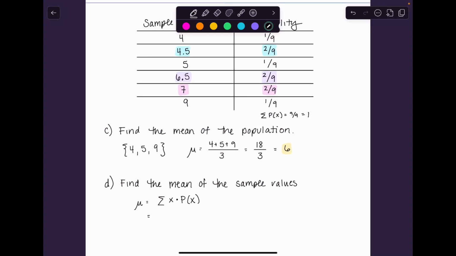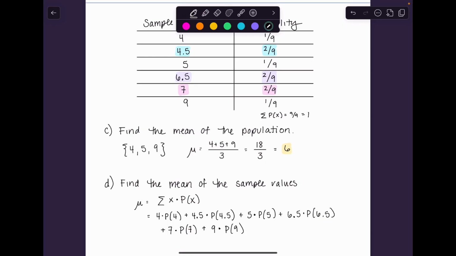My first value of x is 4, and I want to times that by the probability of 4 occurring. Next value is 4.5, and we want to times that by the probability of getting 4.5. Then 5 times its probability. 6.5 times its probability. 7 times its probability, and finally 9 times its probability.